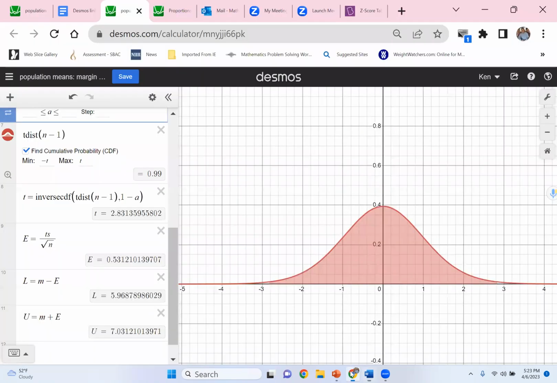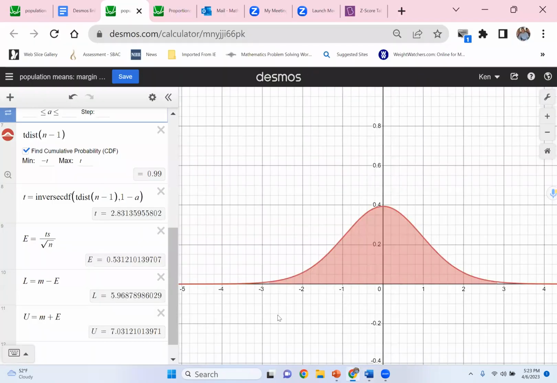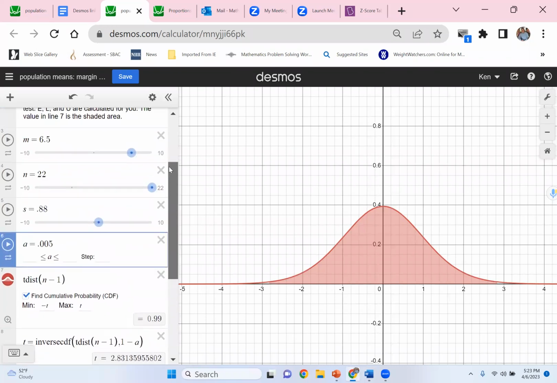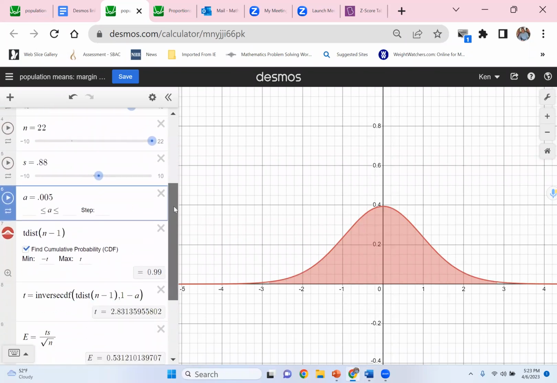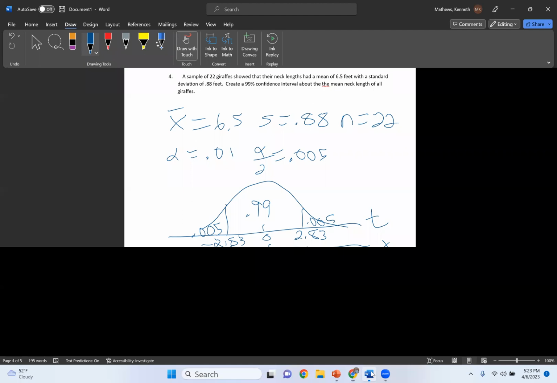Our lower limit is 5.97. I just want to make sure I did everything correctly. 6.5, 22 giraffes, 0.88, 5.97, and 7.03 is our upper limit.